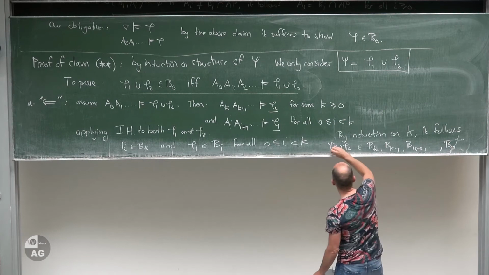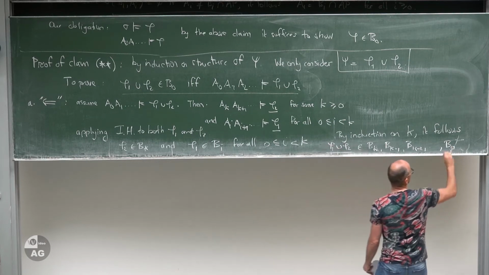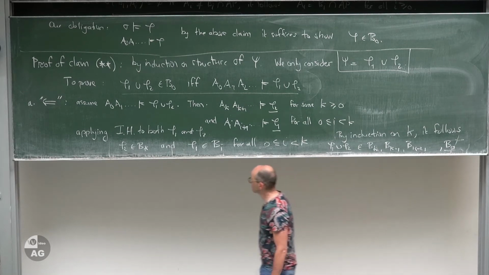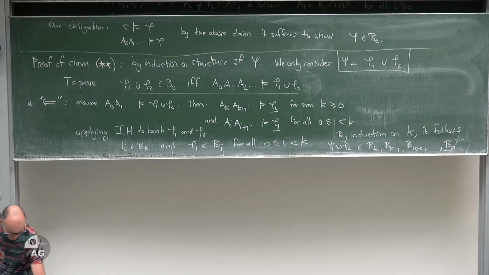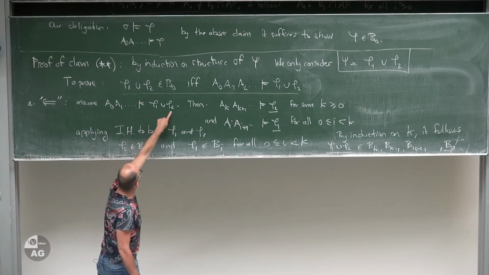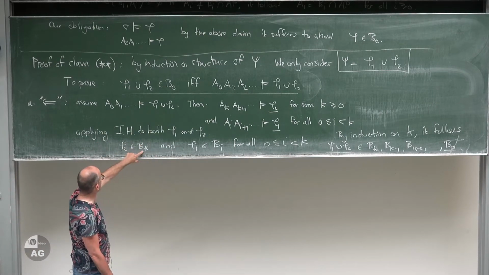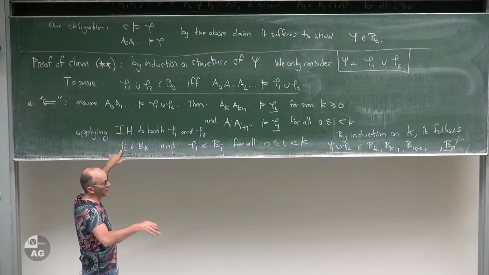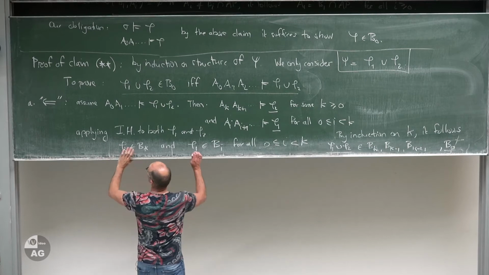And this is what we needed to prove: that phi 1 until phi 2 belongs to B0. Because we started with phi 1 until phi 2 at B_k, we know that k is also satisfying phi 1 until phi 2, and then you apply the same argument again and again, and then you get this result.